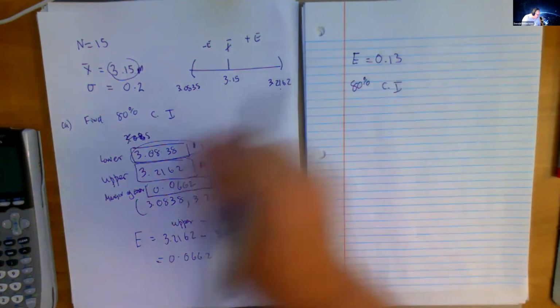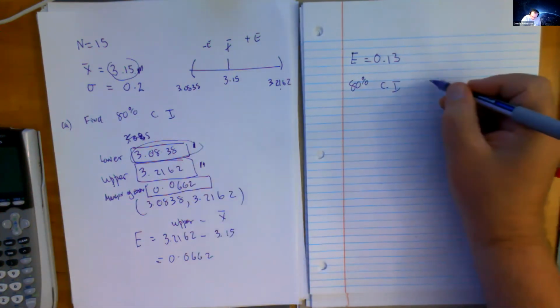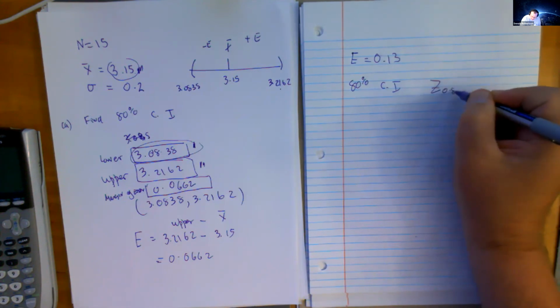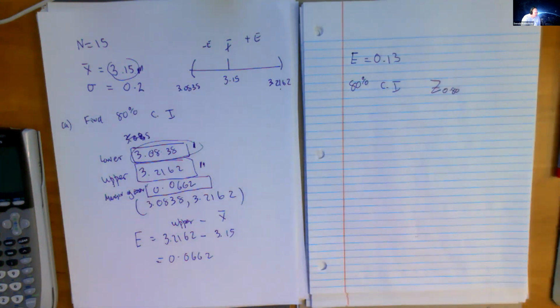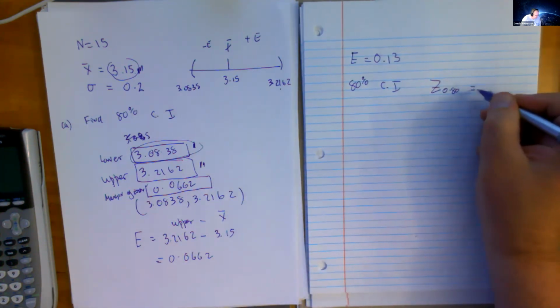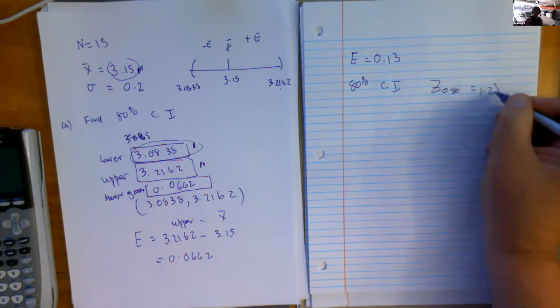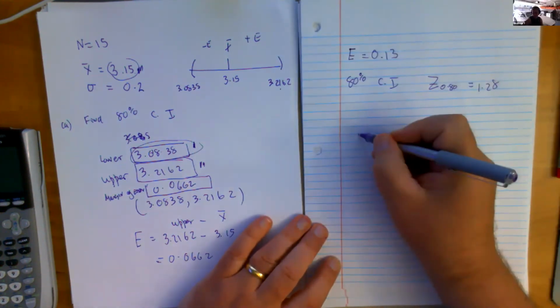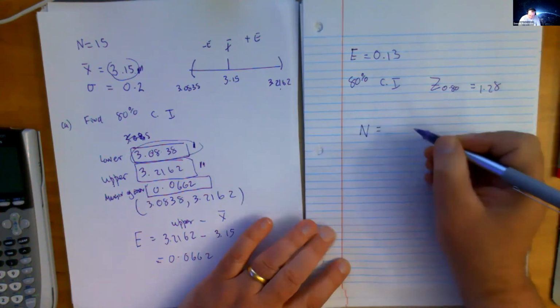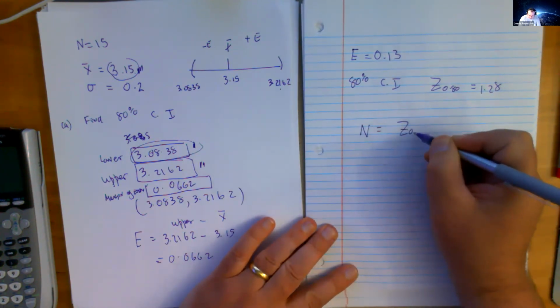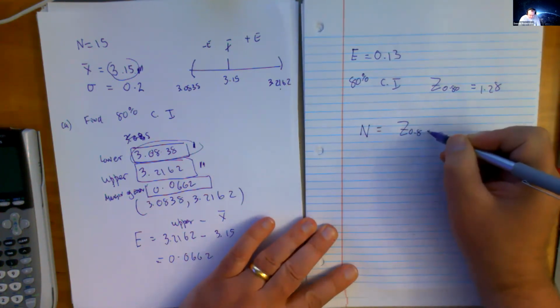So has anybody got the magic Z score that you're going to need in your calculation for an 80%? 1.28. Well done.